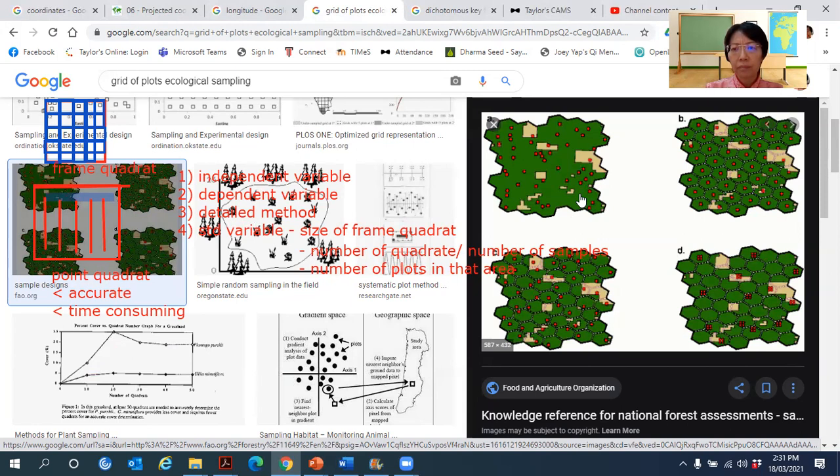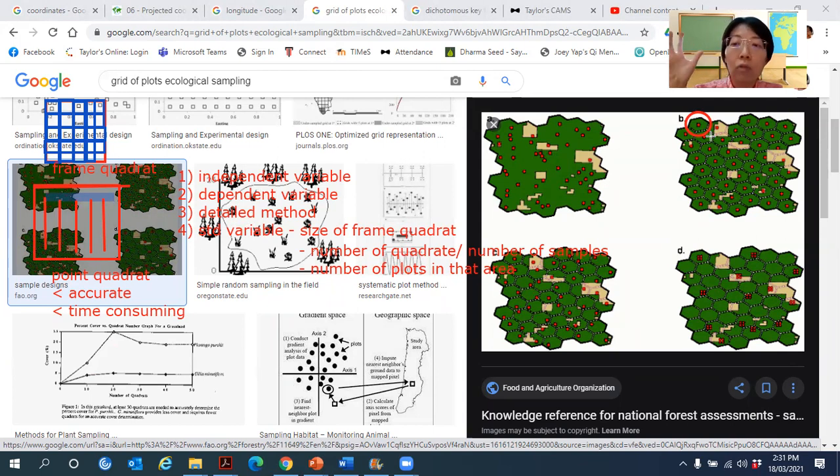It's a forest. So what you can see is that for B, a grid pattern has been drawn onto the map for this area. This grid pattern has divided this area into different plots. That means this particular plot here is bigger than the size of your quadrat, and your quadrat is the red colored box there.